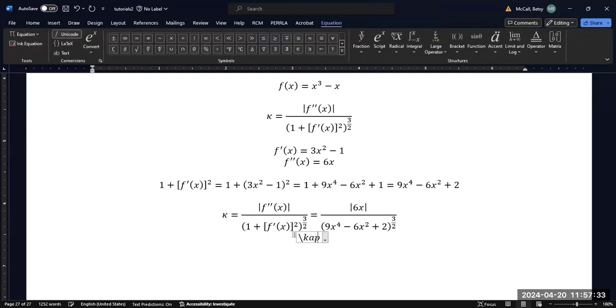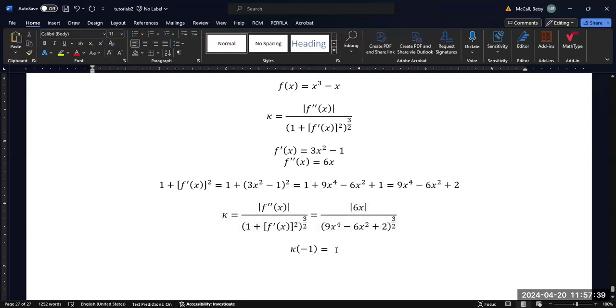So kappa of -1. And then this is where I pick -1, so the absolute value would actually apply. So it's just going to be in the numerator, it's not -6, it's just going to be 6. And then in the denominator, we're going to end up with, well, -1 to the 4th is still 1.